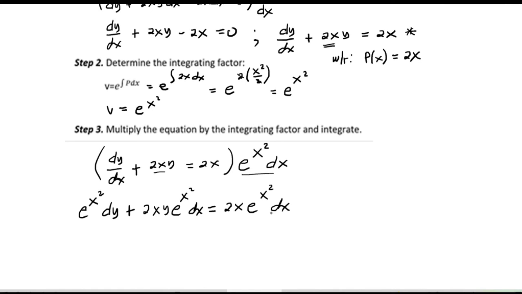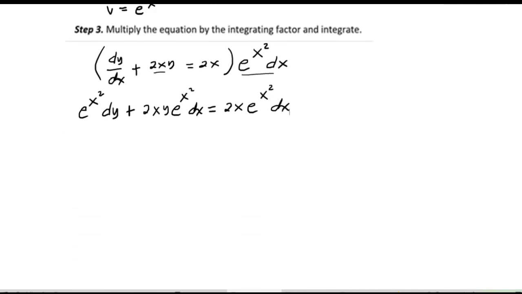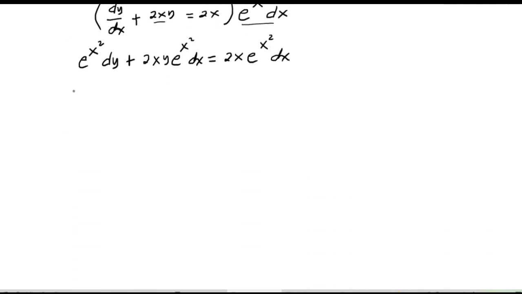After that, we are going to integrate the left side and also the right side. So we have here the integral. I will just copy the terms. We have e to x squared dy plus 2xy e raised to x squared dx. On the right side, I'm going to write the constant before the sign of integration.